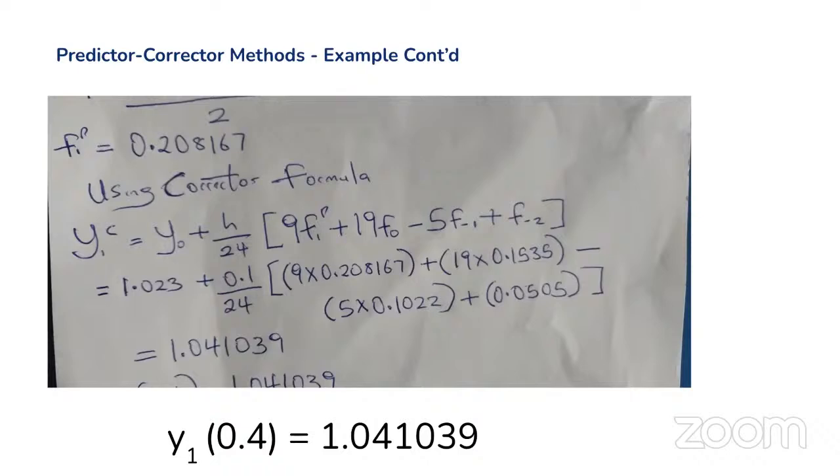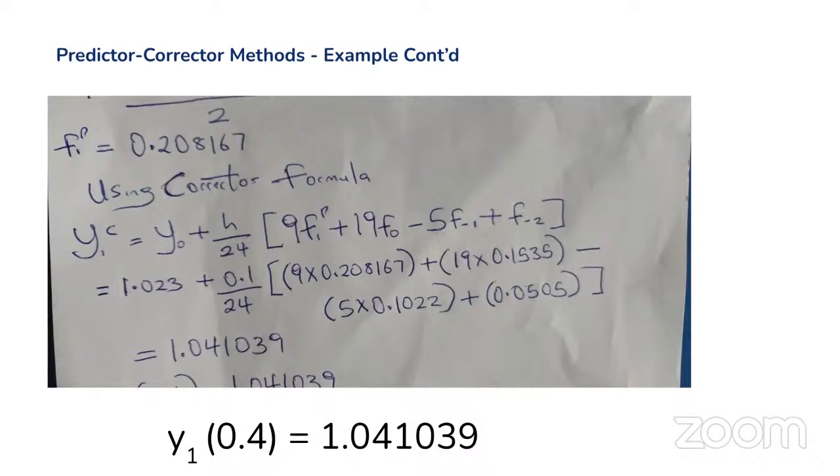Then we also take our previous f values that we've solved before, using our predictor's value, which are f subscript 0, f subscript minus 1, and f subscript minus 2. In the corrector's formula, we don't need the value of f minus 3 because it's not stipulated in the formula. So we just insert the values that we have in the formula and solve.